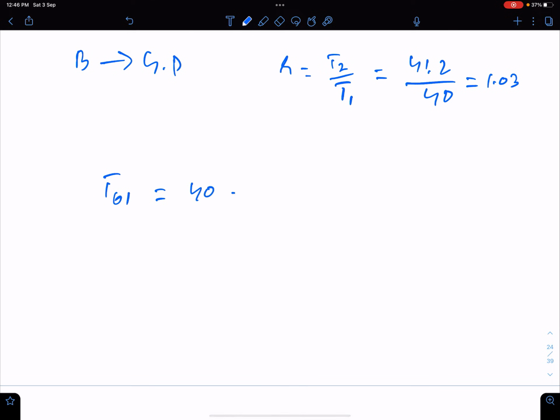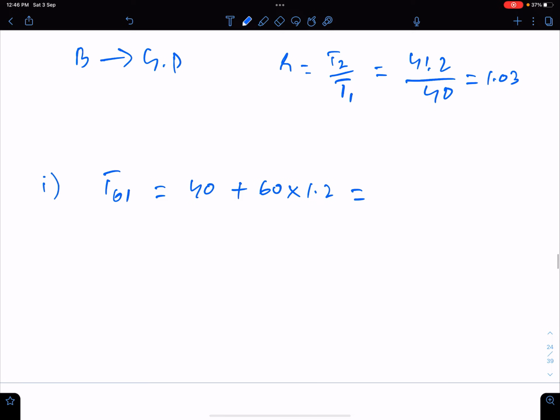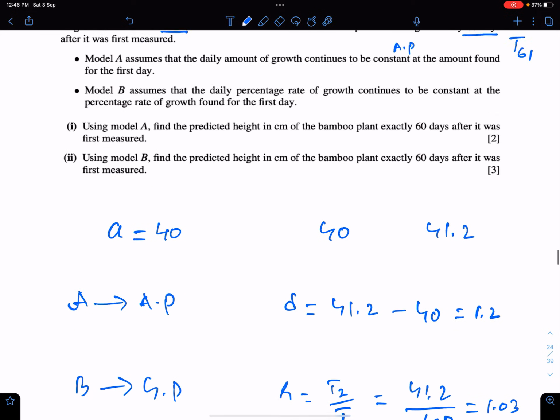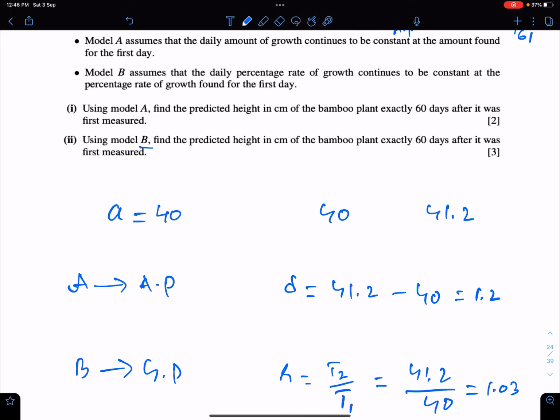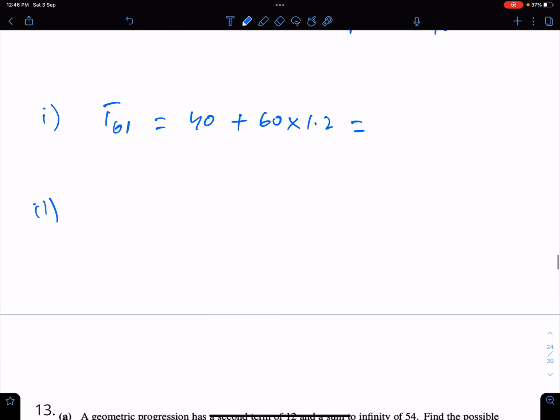So A is 40, 60 times 1.2. This is part 1. Part 2, model B, find the height after exactly 60 days. So T61, according to GP, is A R to the power 60. This answer is 112 and this answer is 236.